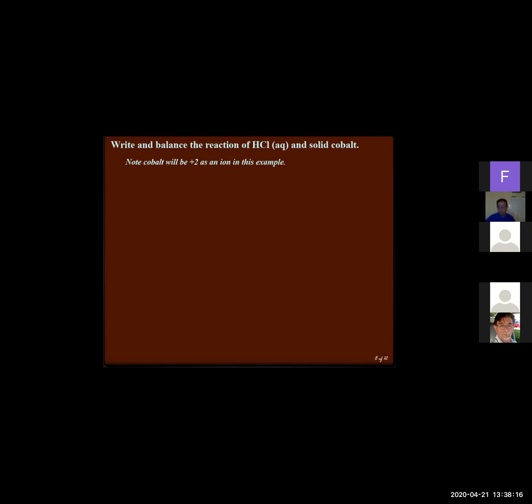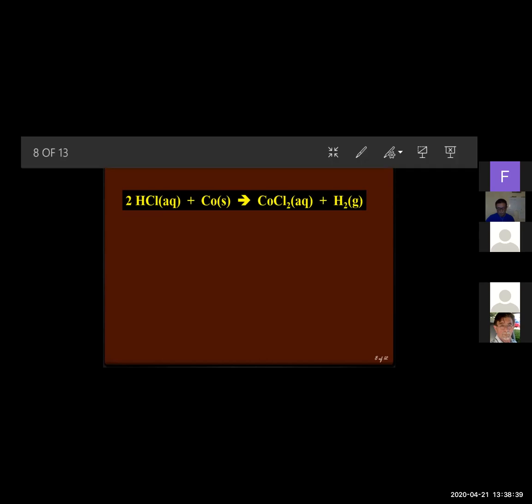Okay, so we write down the equation, where we have hydrochloric acid reacting with cobalt to give us cobalt 2 chloride and hydrogen gas. Now this reaction proceeds. If we look at the activity series, we will find that cobalt is a lot more reactive than hydrogen.